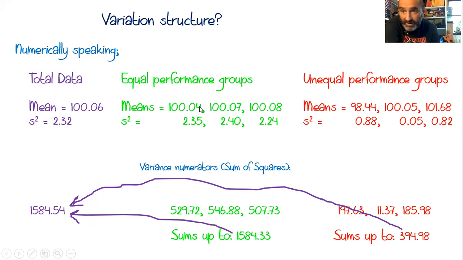And if you look at the variances, the total variance in the aggregate data is 232. In the seemingly equal groups, the variances are 235, 240, 224, which are close to this one. In the unequal groups, we got 0.88, 0.05, which means there's almost no variation here.